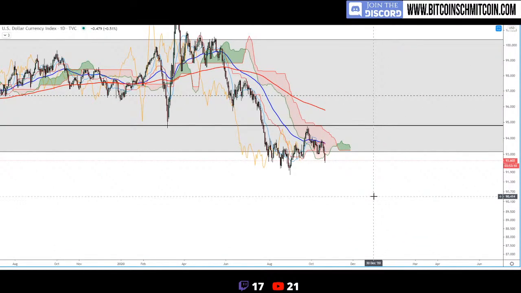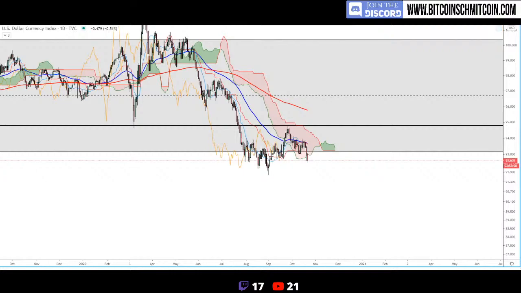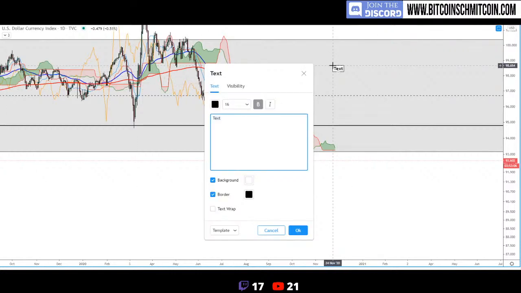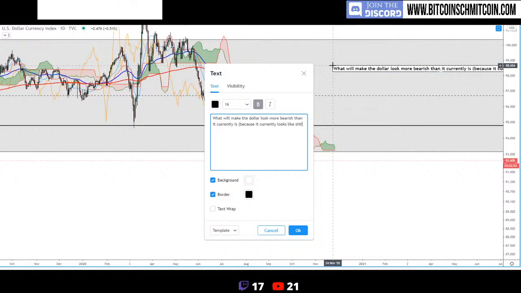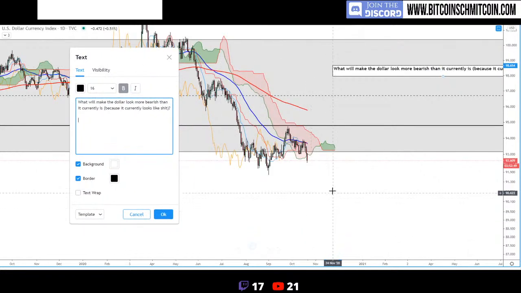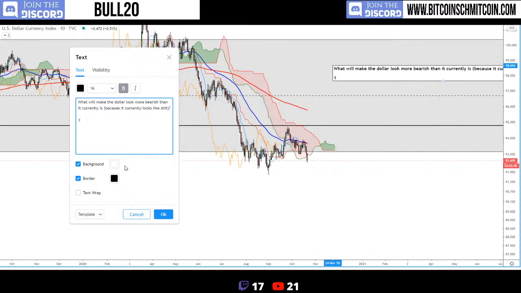The only thing that will make this more bearish, and it's just a matter of time, but will make the dollar look more bearish than it currently is, because it currently looks like shit, is we want to see a bearish cloud twist.